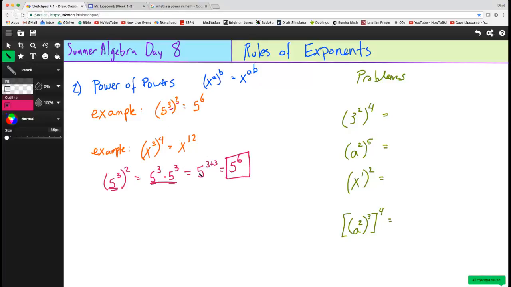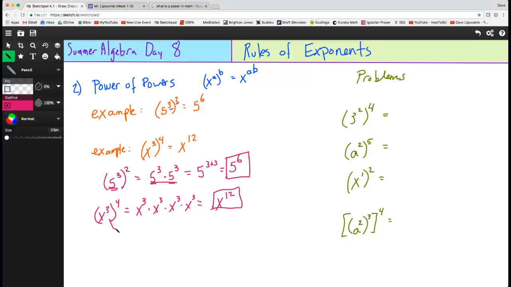Similarly, x cubed to the 4th is equal to x cubed 4 times. X cubed multiplied 4 times: x cubed times x cubed times x cubed times x cubed. And by the product of powers rule, rule number 1 says we just add our exponents, and this is x to the 12th.